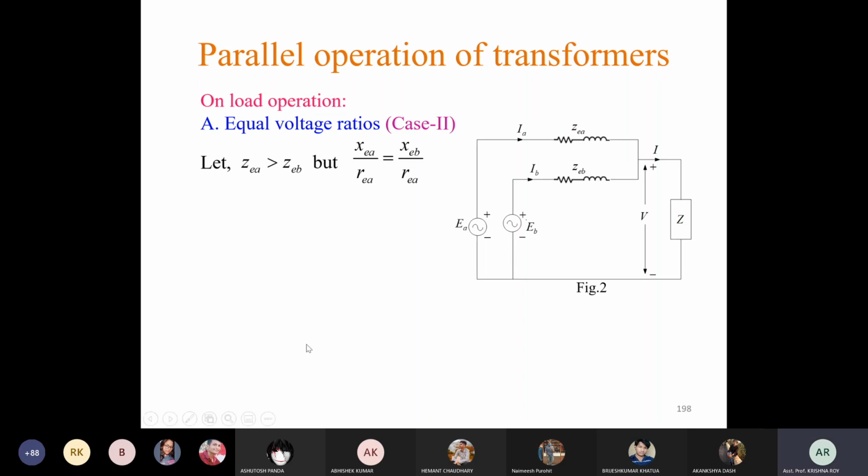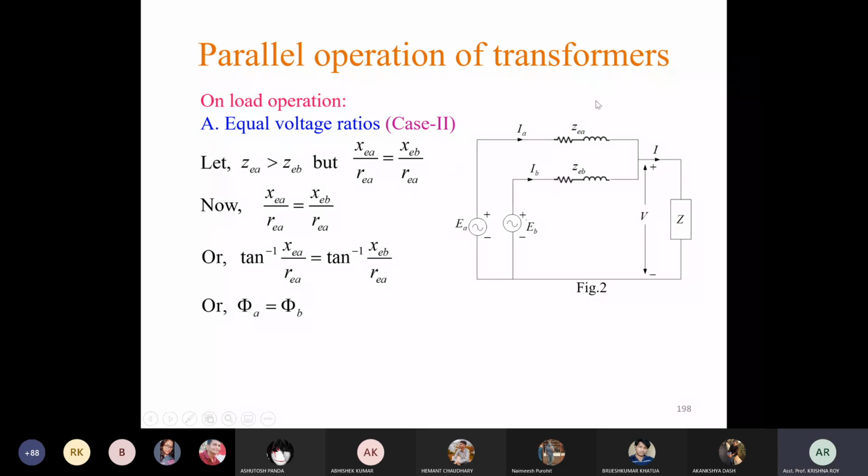So what will happen? Since the X by R ratio is the same, the power factor angle will be the same, phi A equals phi B. That means the impedance angles of transformer A and transformer B are the same.